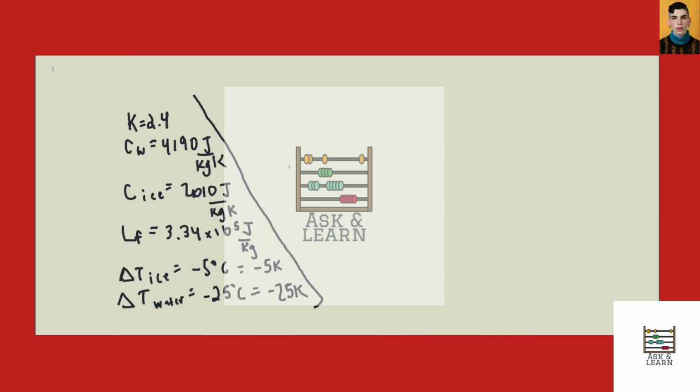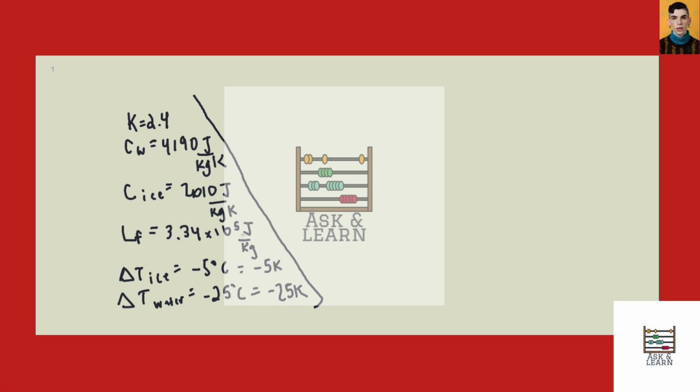Okay, so I went ahead and wrote down the givens, the coefficient of performance K, 2.4, and some givens that we'll need, because this is a heat transfer problem, so we'll need heat capacity. The two substances we're dealing with are water and ice, and they have different heat capacities, even though it's the same molecule.